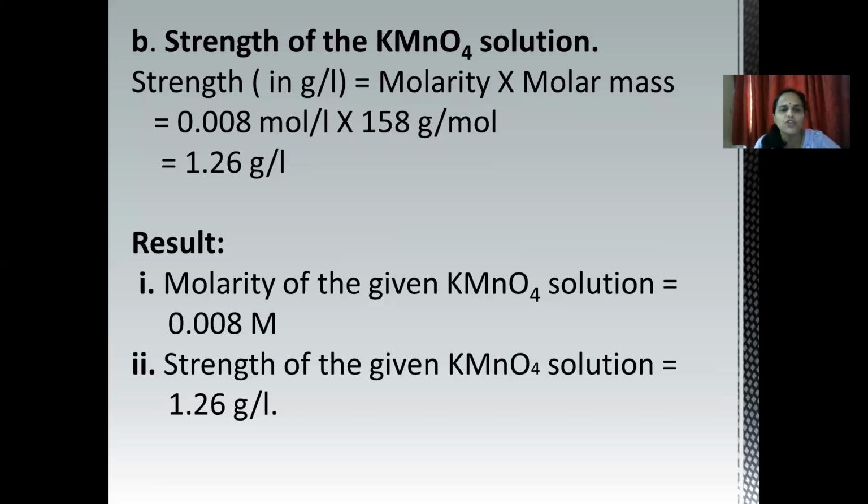So molarity just now we calculated, it came out to be 0.008 moles per liter, into molecular mass of KMnO4 which is 158 grams per mole, which on calculation gives you the value 1.26 grams per liter. So two things we have calculated.